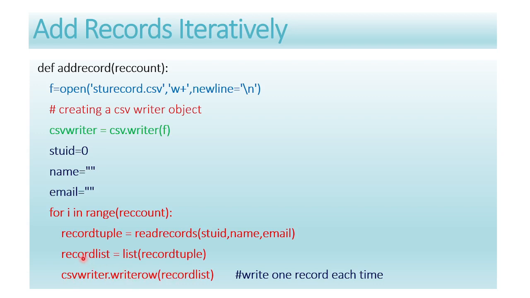This conversion is required because the writerow method requires a list. So this will loop over the records and write them one by one into the CSV file. When this is over, it will come out and close the file.